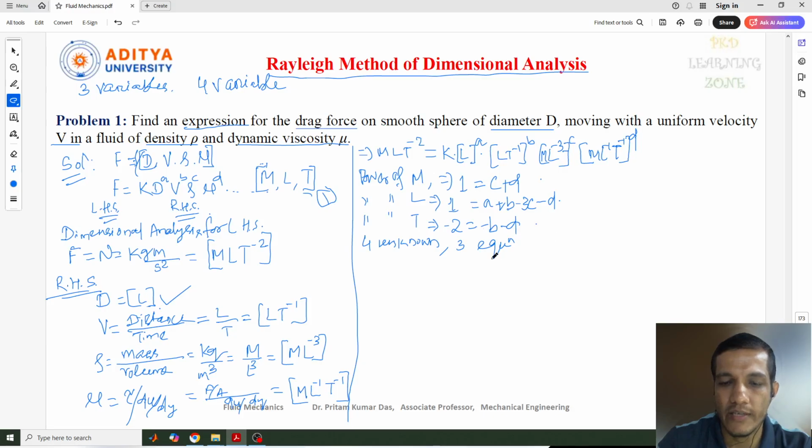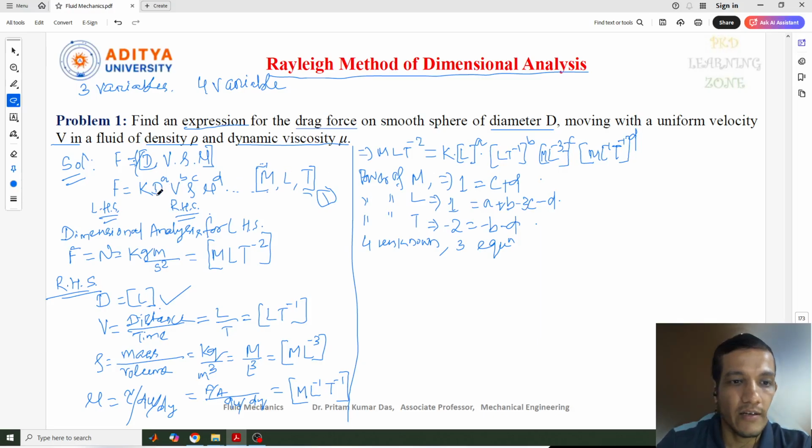But 4 unknowns a, b, c, d are there. So it is not possible to find the values of a, b, c, d from these 3 equations, okay. So what we'll do here is identify the most important one.